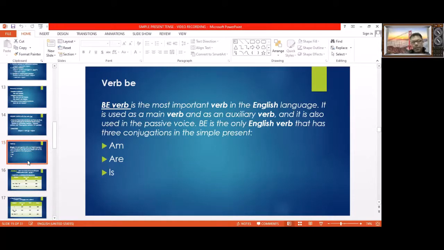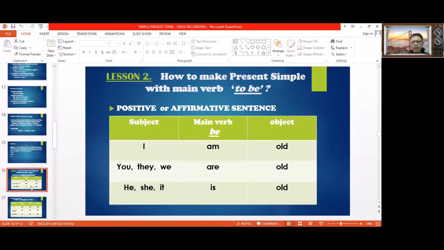Okay, so now how do we make the present simple tense with the verb be? How do we make the present simple with the main verb to be? For a positive sentence, again, there are three basic structures. But please note, this is different now from the last time.